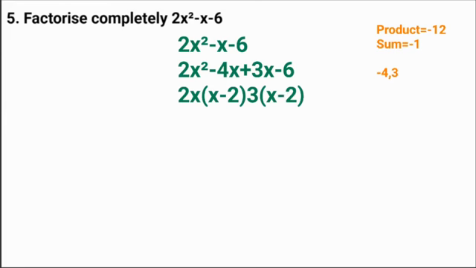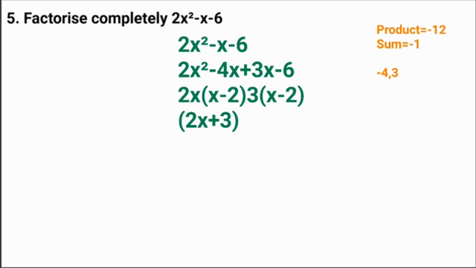Okay, now once you have done this, you notice that the expressions in brackets are the same. So with that, what we can do is get 2x and 3. So we're going to say 2x plus 3, the 3 in the middle, which is going to be plus 3.